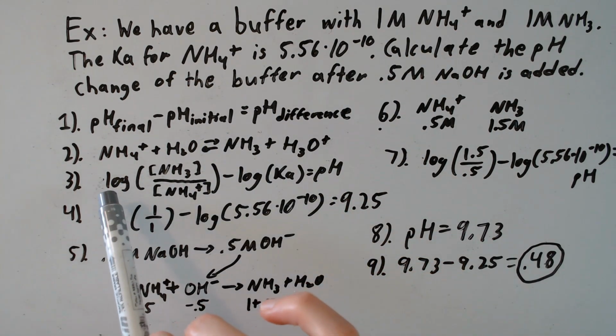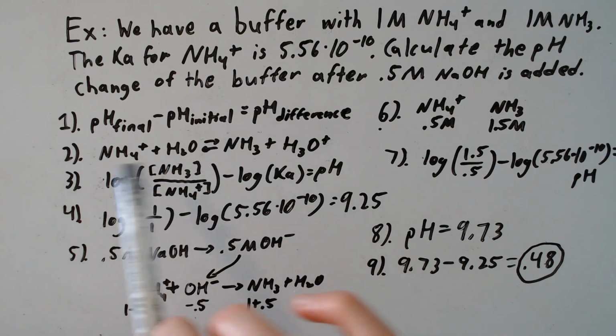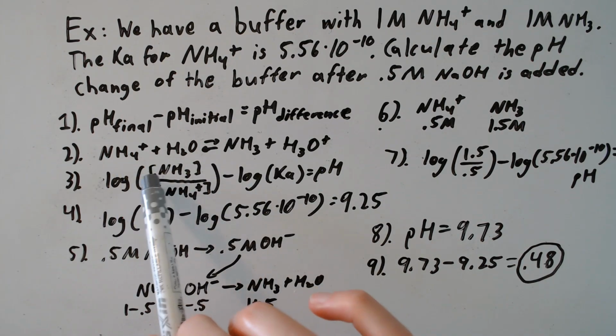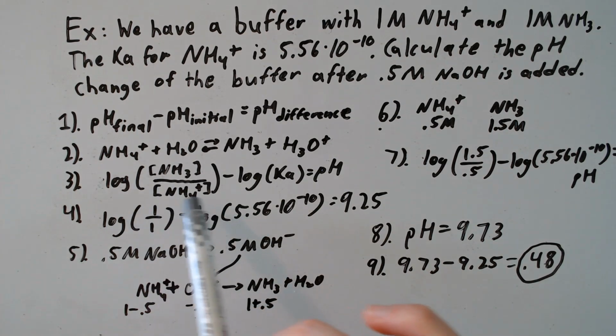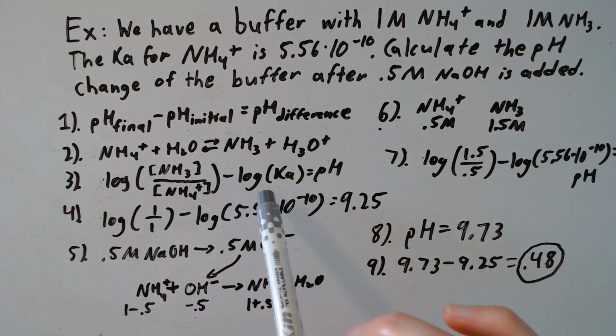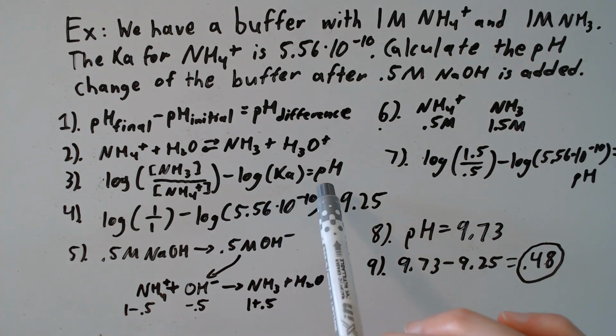Now we know that the Henderson-Hasselbalch equation for this buffer reaction would be the logarithm of NH3, our weak conjugate base concentration, over our weak conjugate acid concentration, NH4+, minus the logarithm of the Ka equals the pH.